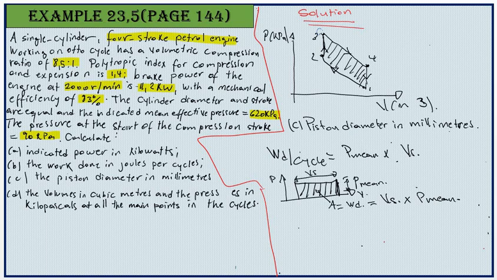So now from this relation I can determine Vs. So to get Vs, I'm gonna need to bring P mean to the other side, and it's gonna divide the left hand side. So I'm gonna say Vs is equal to the work done per cycle divided by the mean pressure.